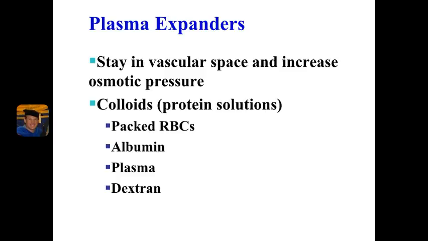Packed red blood cells do increase the plasma osmotic pressure, but they also increase the oxygen carrying capability of the patient's blood. There's an important consideration anytime you give packed red blood cells, which is that you have to match the blood so that you don't have transfusion reactions, where the patient's body rejects the blood that's being given.